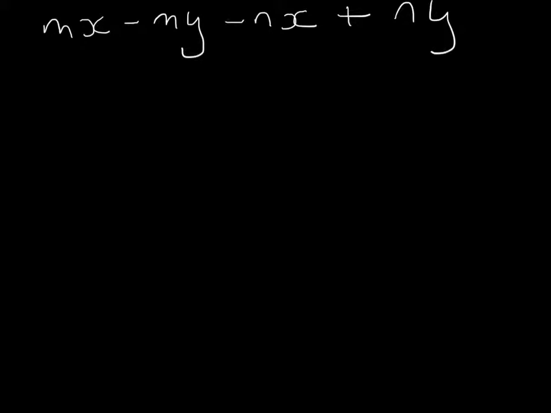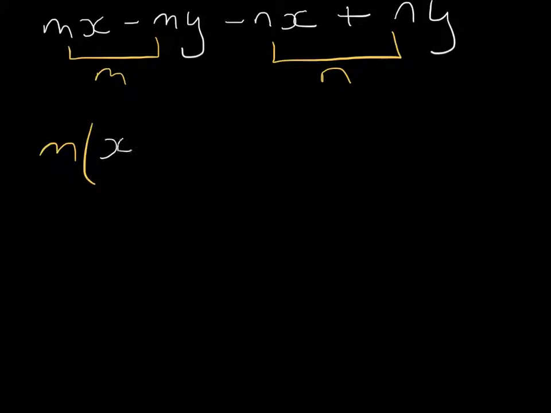So if we have a look and we say, okay, well, over here my common factor is m, and over here my common factor is n. So let's factorize. If we take m out as a common factor, that leaves us with x minus y. Then, because of this minus, it makes it a little bit tricky.